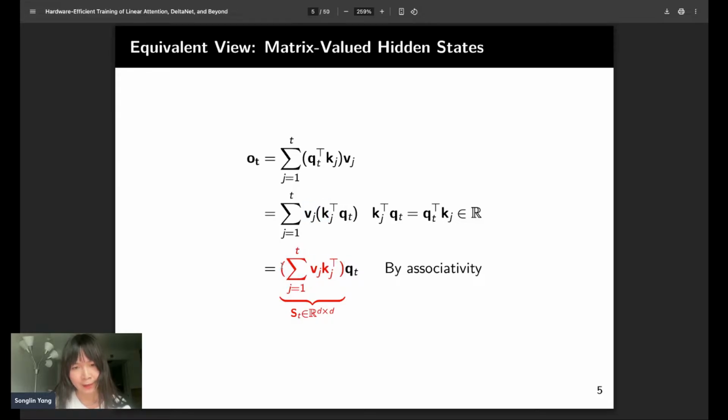So we have this term colored in red, which is a cumulative sum of the outer products between the keys and the values over all historical steps. This term is often referred to as the RNN's hidden state, because it encodes the key-value association pairs into this recurrent memory using this outer product structure.